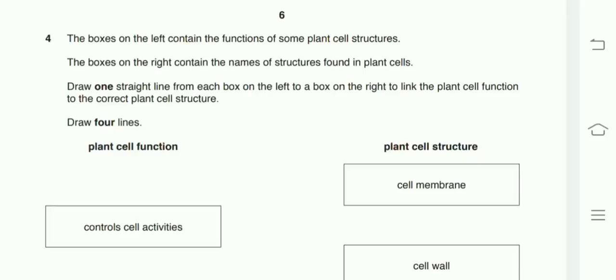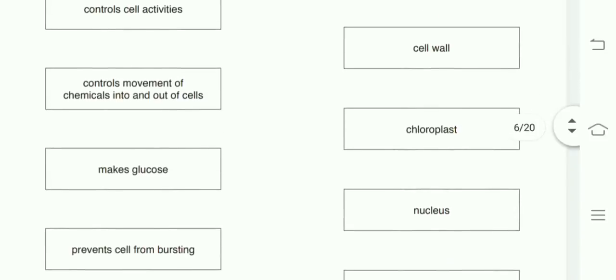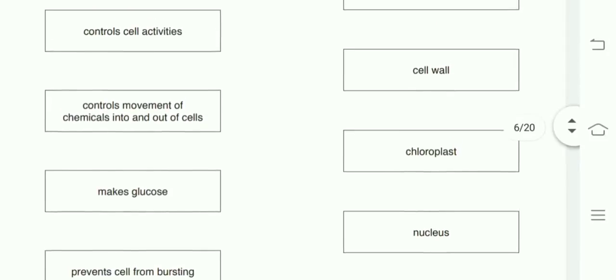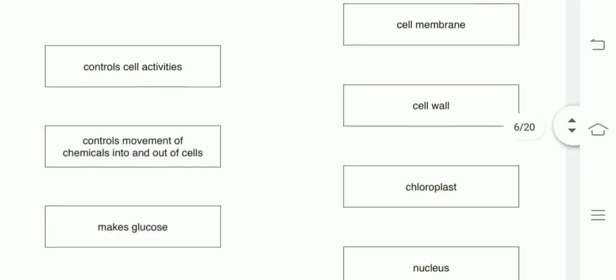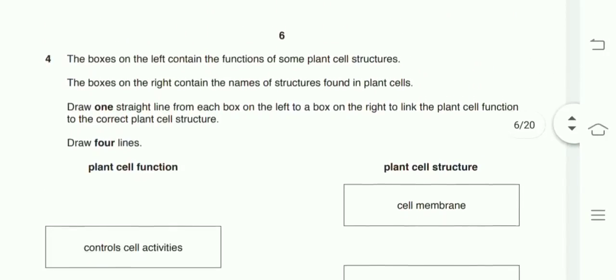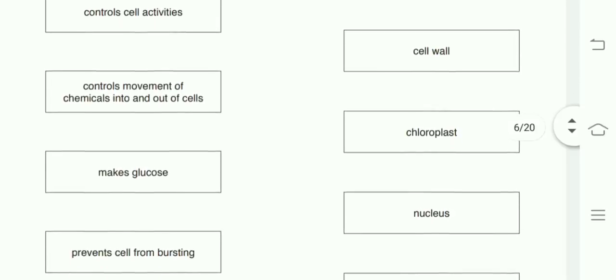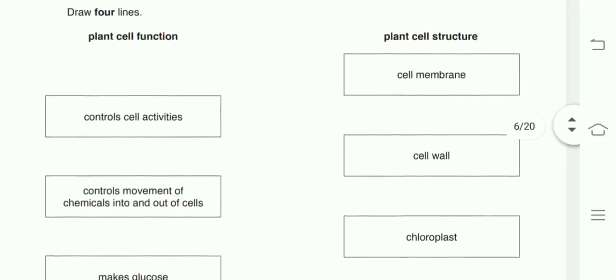Okay, then when we see here control cell activity, this will be the function of the nucleus. And then control movement of chemicals into and out of the cell, this is the function of the cell membrane. And then the next one is make glucose. Make glucose is a function of the chloroplast. Then the last one, prevent cell from bursting, so this is a function of the cell wall.